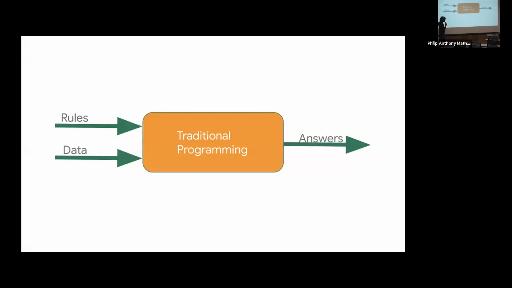Okay. So essentially, machine learning works in a similar kind of way. But before that, let's go over what we're used to, what traditional programming is. When we create a program, we create rules, conditionals, while loops, all that good stuff, and then we design a program based on those rules, and then we feed the program data.